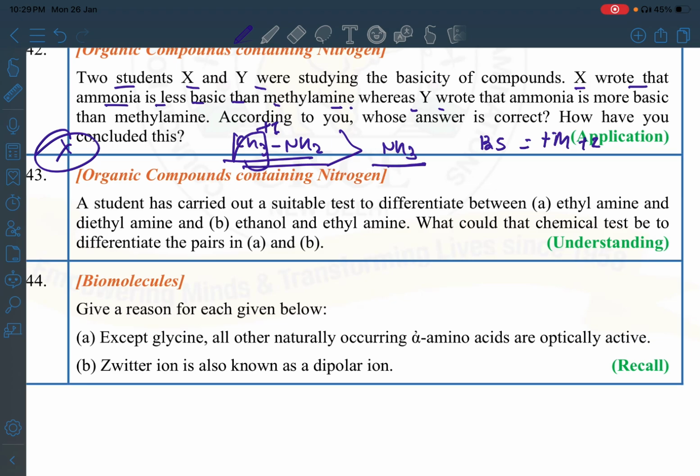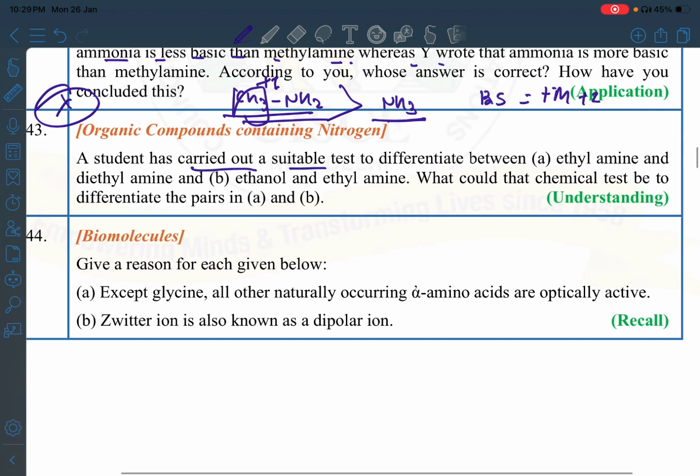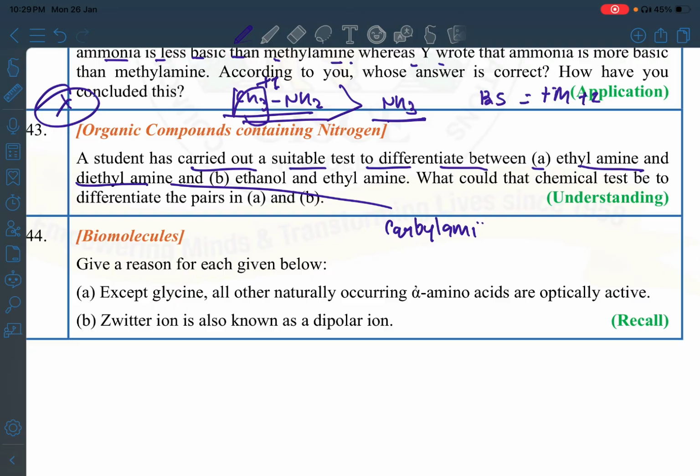Next question: a student has carried out suitable tests to differentiate between ethylamine and diethylamine. For ethylamine and diethylamine, we can do the carbylamine test, where ethylamine reacts and gives a pungent smell of carbylamine when treated with CHCl3 and alcoholic KOH, whereas diethylamine doesn't react. Then we have ethanol and ethylamine.